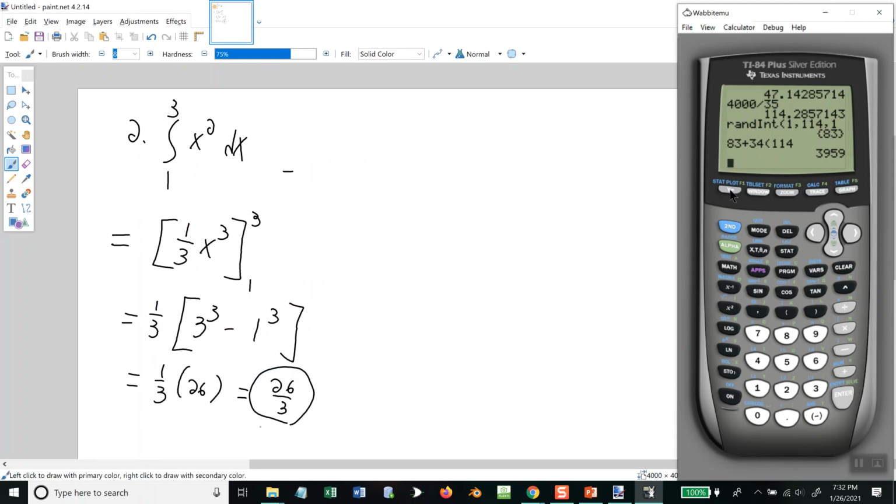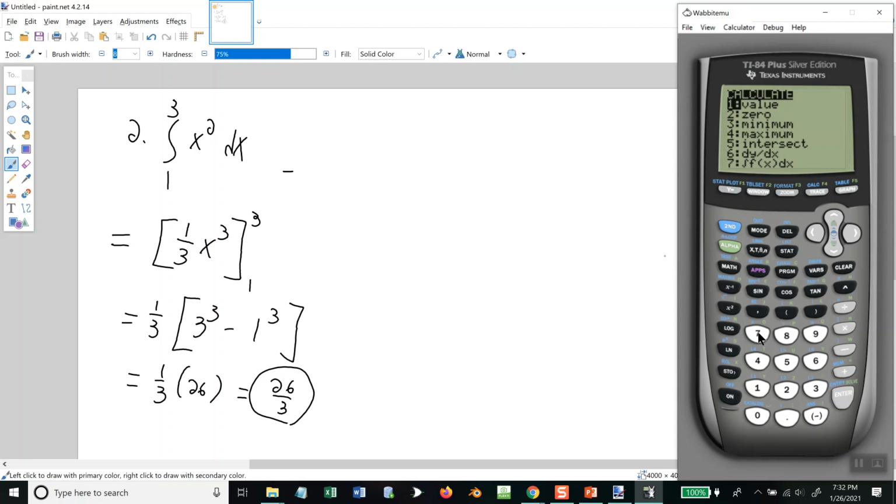Okay, now if I go to the y equals on a TI-83, TI-84, press clear, and put in the x squared. Now to do this with the calculator, where do you go? Second trace, and you choose number 7.